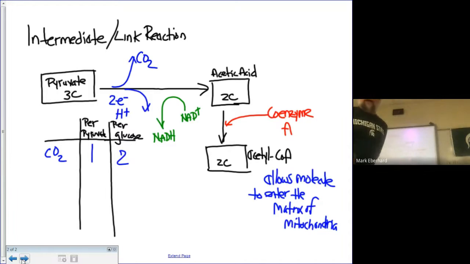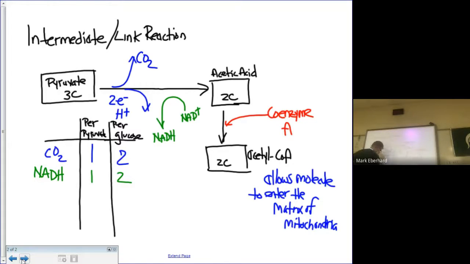Remember, matter is neither created nor destroyed, but it can be changed from one form to another. In this case, NADH, I have 1 NADH per pyruvate, total of 2 per glucose.